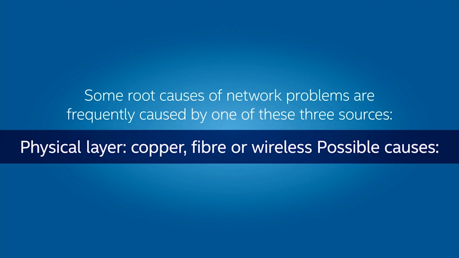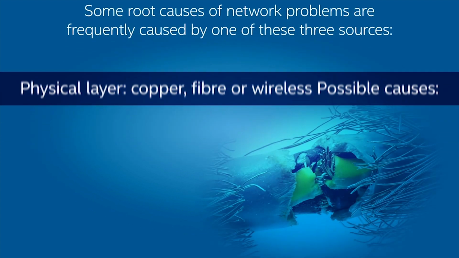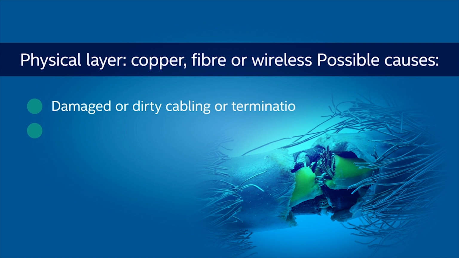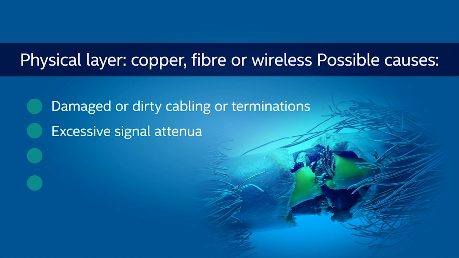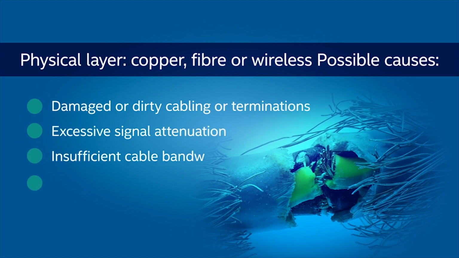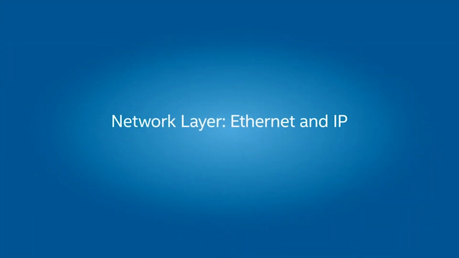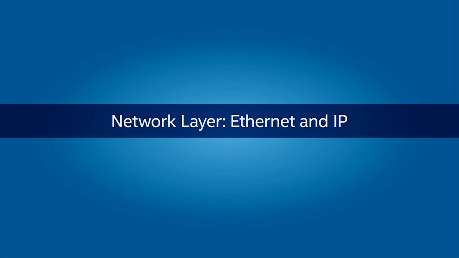Physical layer: copper, fiber, or wireless. Possible causes: damaged or dirty cabling or terminations, excessive signal attenuation, insufficient cable bandwidth, wireless interference. Network layer: Ethernet and IP.